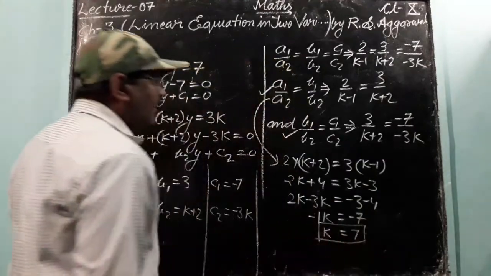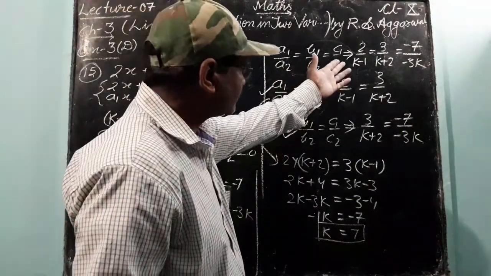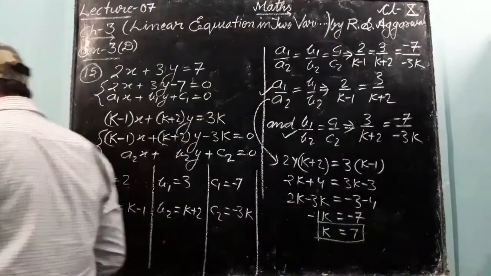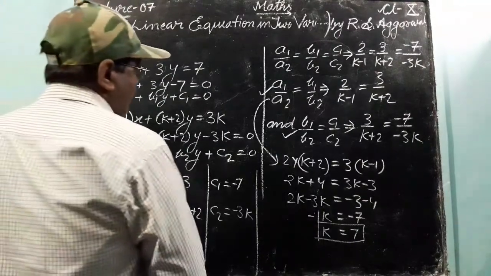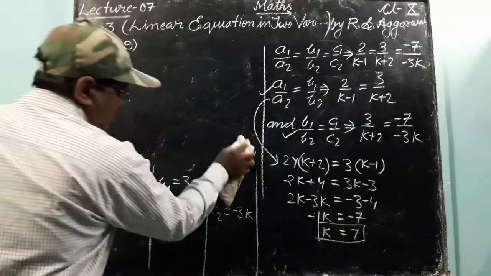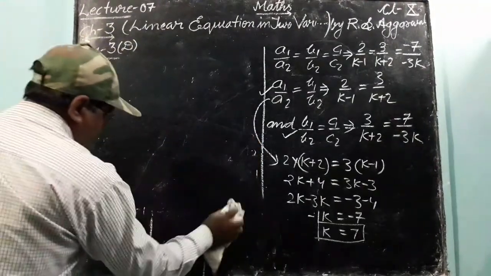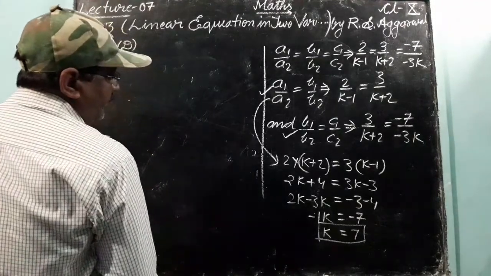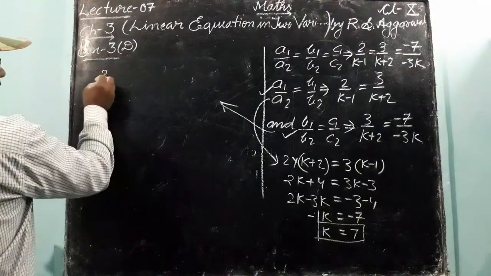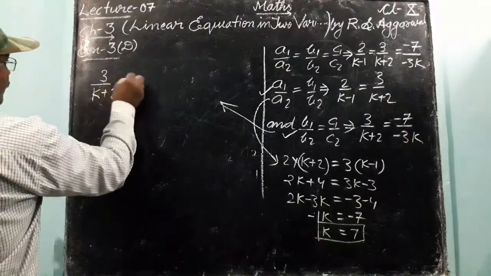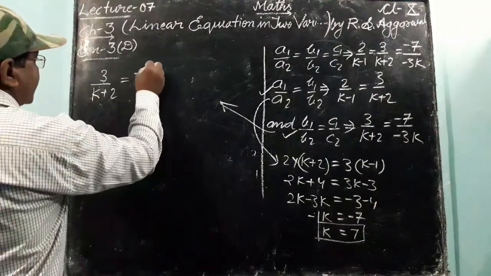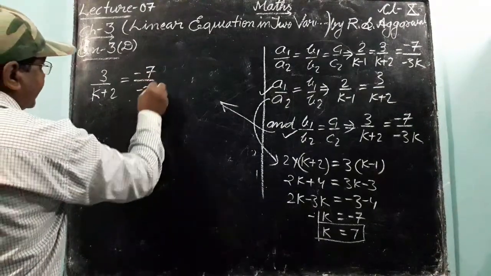Dear students, now again you will use this, and then it will be 3 upon k plus 2 is equal to minus 7 upon minus 3k.